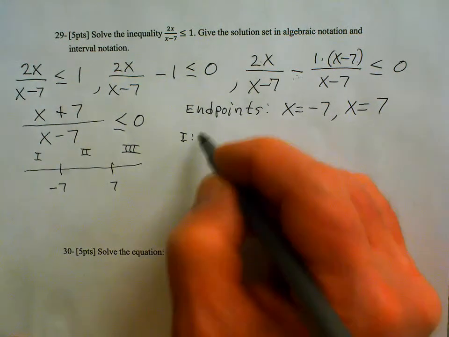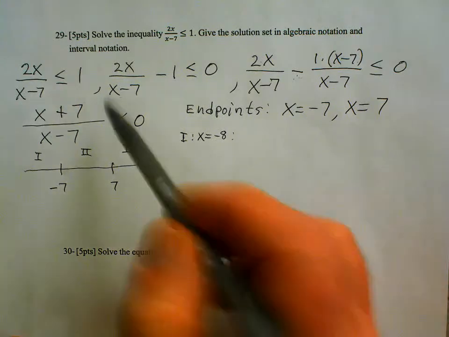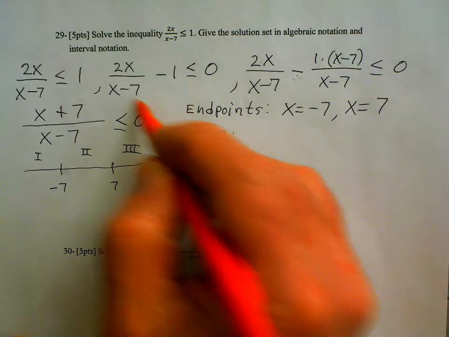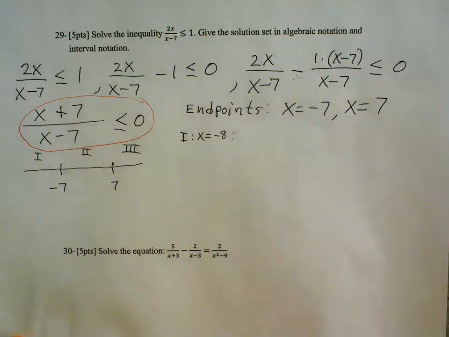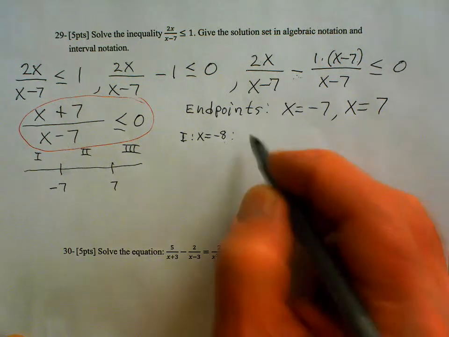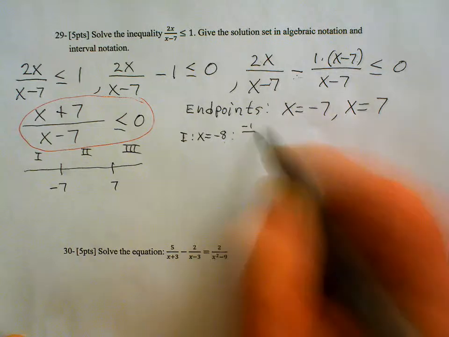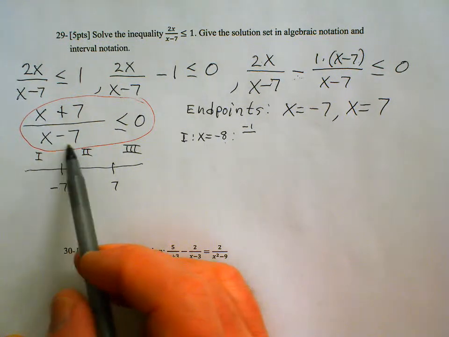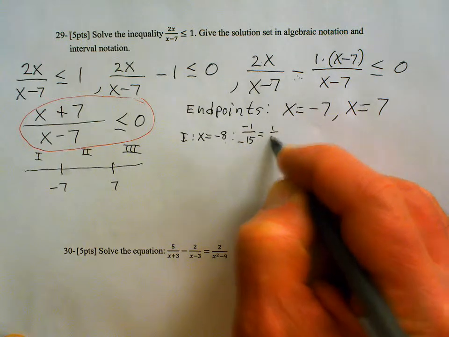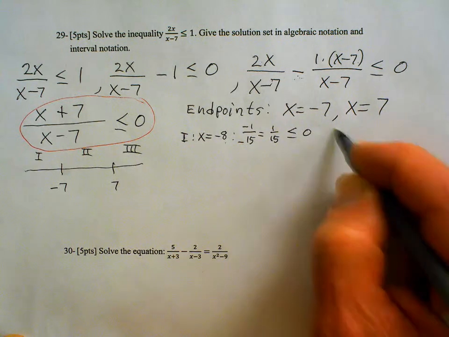So I'll pick x equals negative 8. In this inequality, replace x with negative 8. In the numerator, negative 8 plus 7 is negative 1. In the denominator, negative 8 minus 7 is negative 15, so we get 1/15. But for the inequality less than or equal to 0, this one is false.